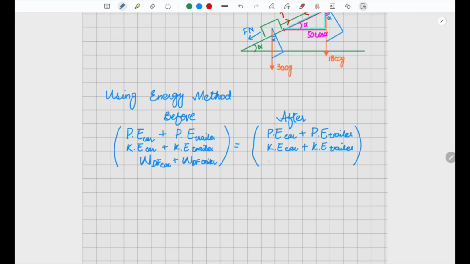Now it must be equal to work done against resistance by the car plus work done against resistance by the trailer. This would be different for both of them.